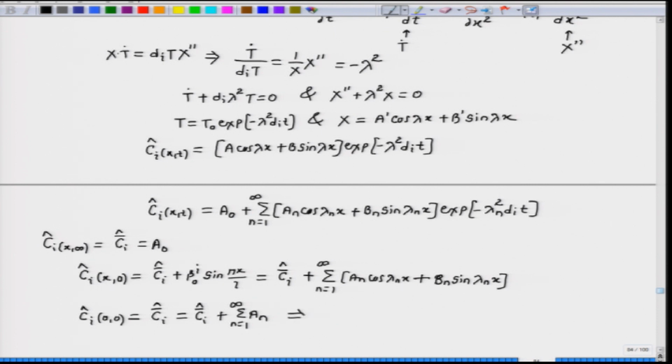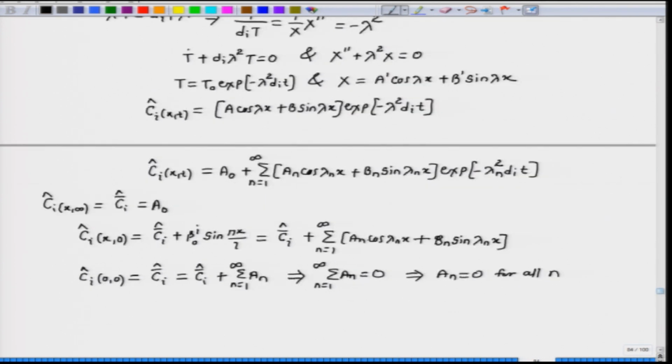What this essentially means is the summation of an should be equal to 0. Now, if this has to be true for all values of an, then all an's should be equal to 0. Then only this will be true. So, we have eliminated one term from here because all an's are 0.